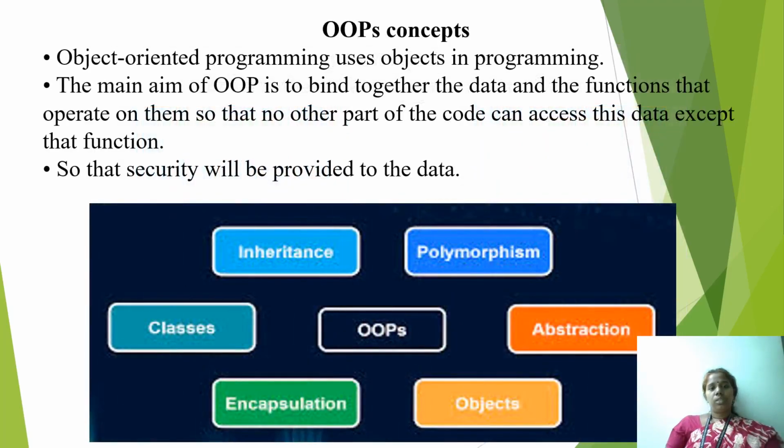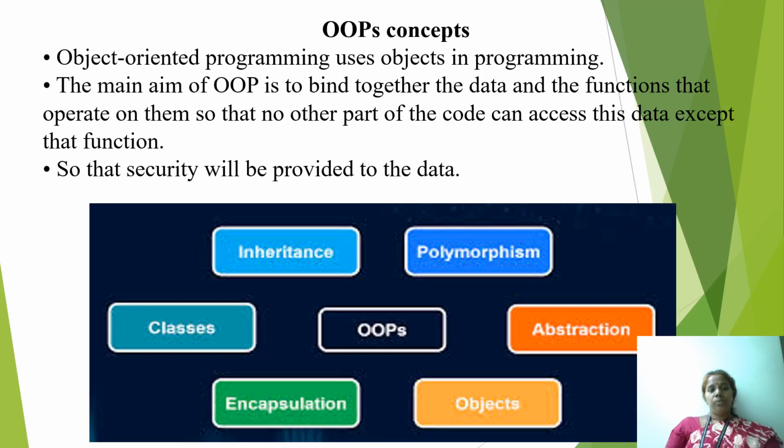Next we are going to see the object-oriented programming concepts. When we write any object-oriented program, we have to learn the basic concepts of OOPs. Object-oriented programming mainly uses objects.